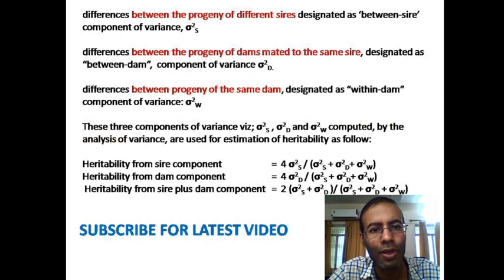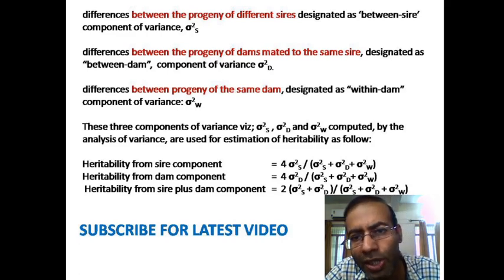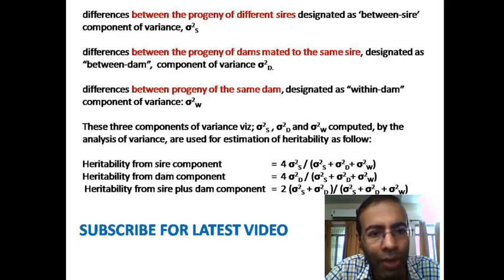We estimate differences between the progeny of different sires, referred to as the between sire component; differences between the progeny of dams mated to the same sire, referred to as the between dam component of variance; and differences between progeny of the same dam, referred to as the within dam component of variance.